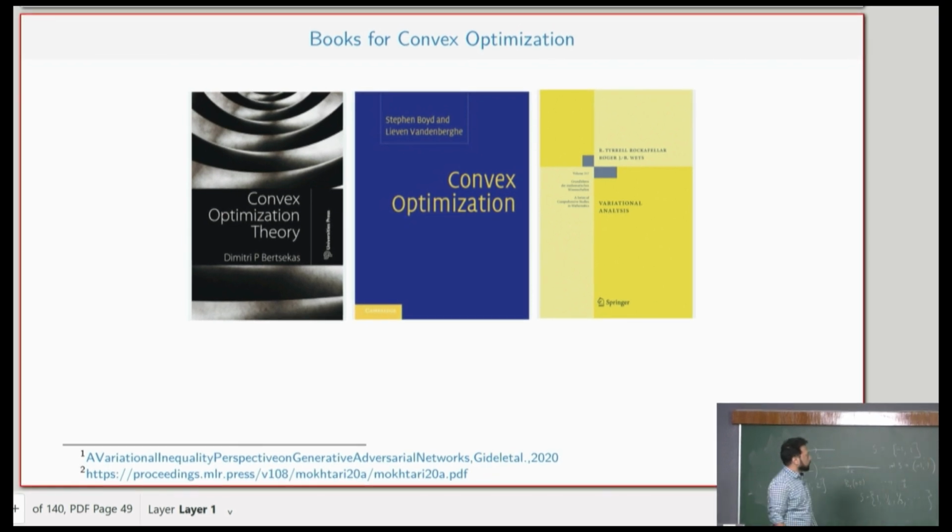This is an upper graduate course, and the idea here is variational analysis. Basically, the min-max problem can generally be seen in terms of something called variational inequality. These are way more advanced.